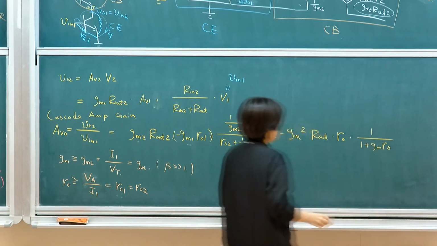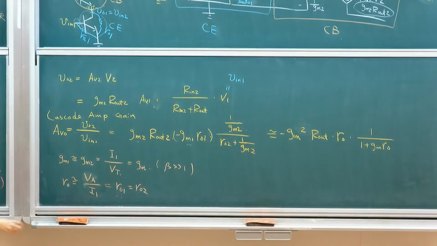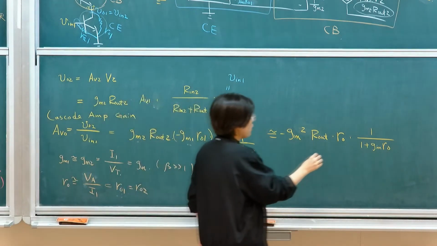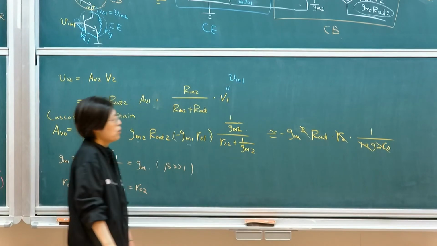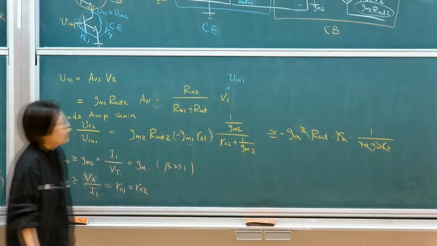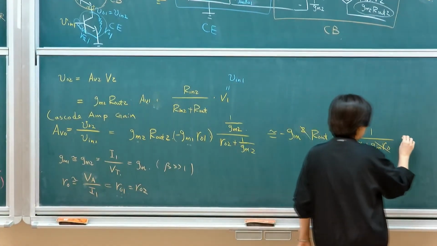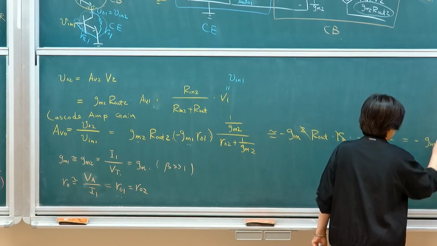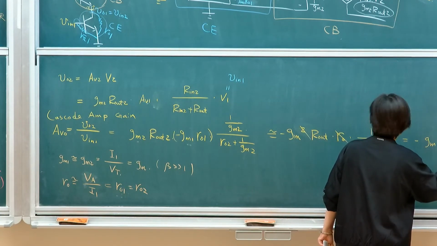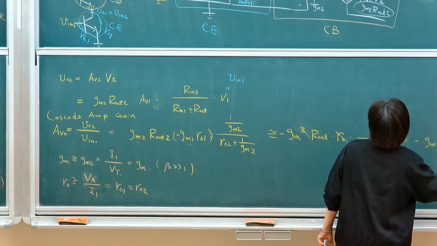Okay? So you simply ignore that, and it will get rid of one of this. It looks a little complicated, but whatever we're going to do, eventually what you get is minus gm. I should say this is RO2.